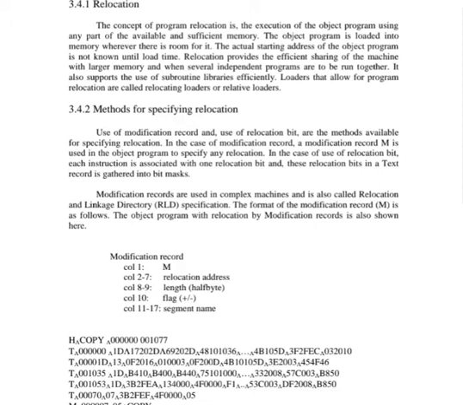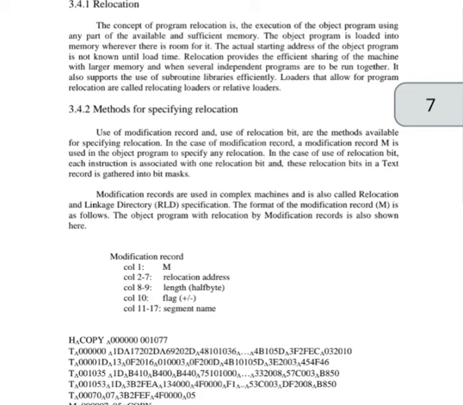Relocation provides efficient sharing of the machine with larger memory, and when several independent programs are to be run together. It also supports the use of subroutine libraries efficiently. The loaders that allow for program relocation are called relocating loaders or relative loaders.